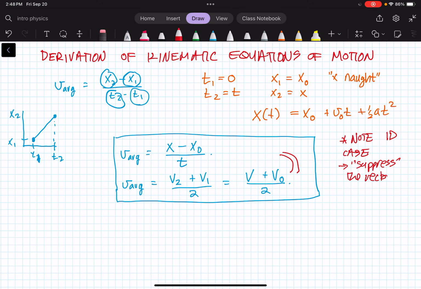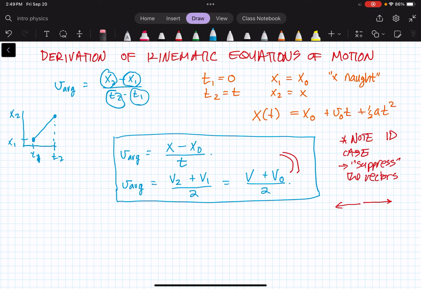That's because when we're talking about 1D, positive is just moving, say, to the right. Negative is moving to the left. Maybe it's moving up, maybe it's moving down. We don't really have to worry about making these proper vectors. We'll see that that's much more important on Tuesday when we talk about projectile motion and kinematics in 2 dimensions.